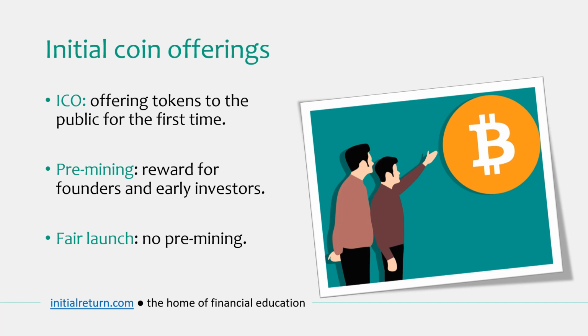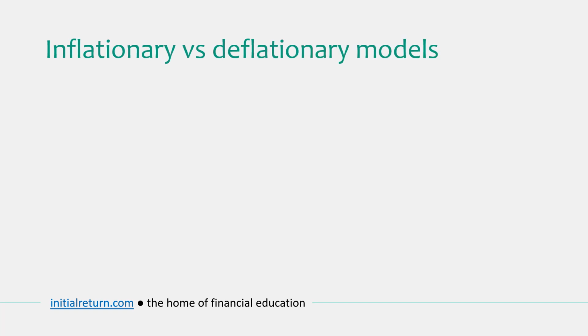So this is different in the sense that if an ICO is a fair launch, then the tokens or the coins are sold without any pre-mining. And of course, this is good for the investor because then there's no existing supply that is owned by the early investors and founders. So this is how the coins start trading and go into circulation.